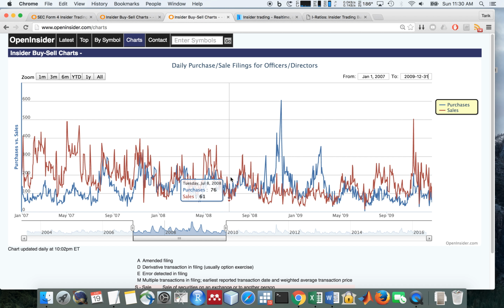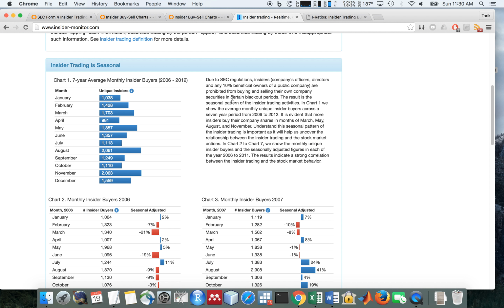You can see on a regular basis there seems to be this volatility, up and down, up and down. Part of that reason is there's some data showing the average monthly insider buying from 2006 to 2012.